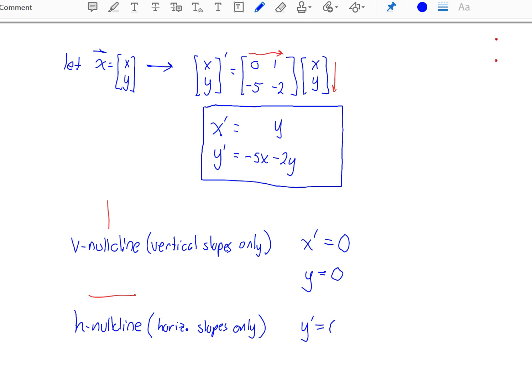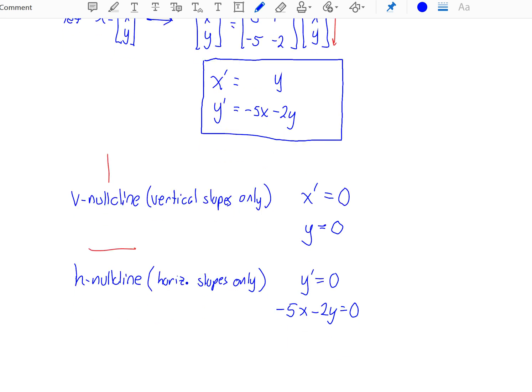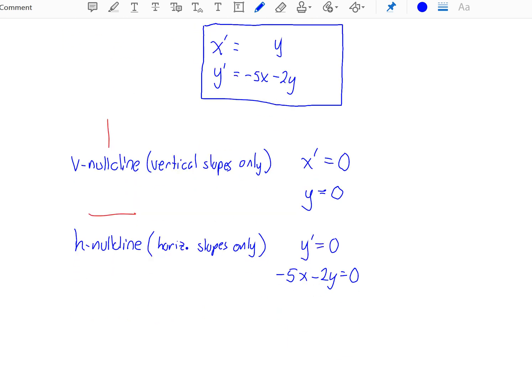So there's no vertical movement. So grab your y prime equation and solve for y. You'll move the negative 5x to the other side, so it becomes positive 5x, divide by negative 2, and I think you can write this as y equals negative 5 halves x.